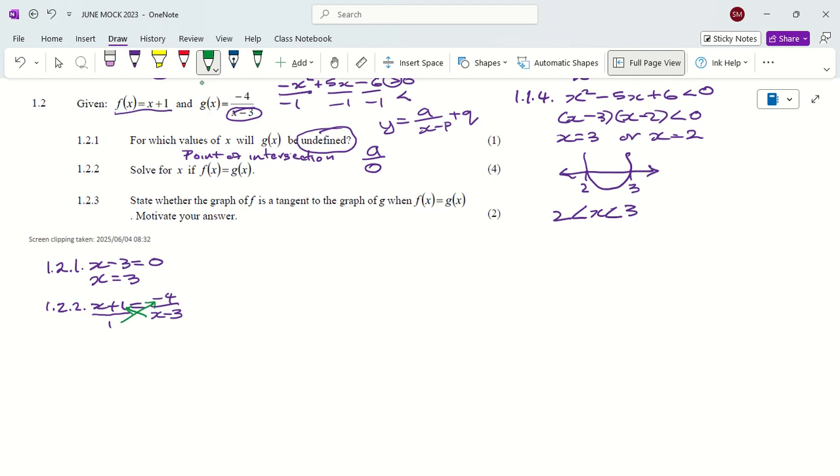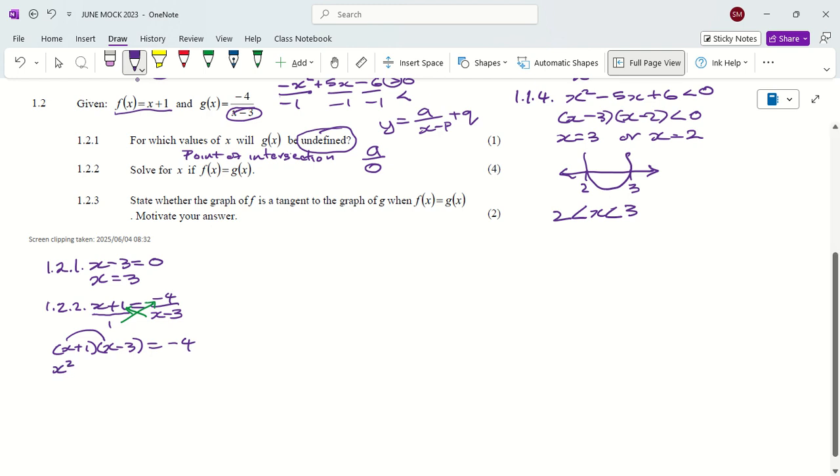So we are going to multiply x plus 1 by x minus 3. And then we multiply negative 4 by 1, which still stays as negative 4. Then we can use the FOIL method again.